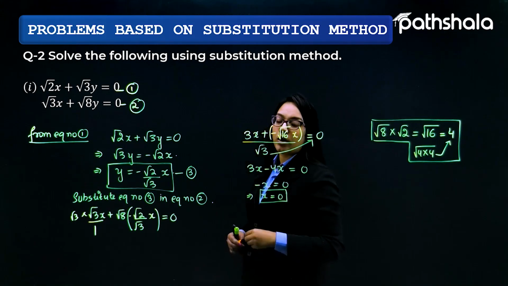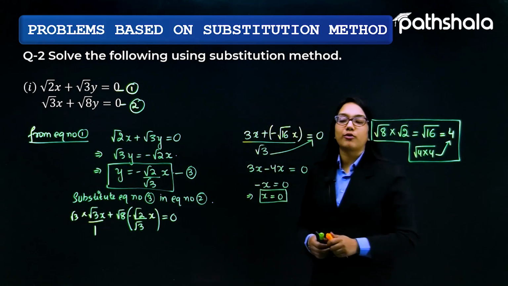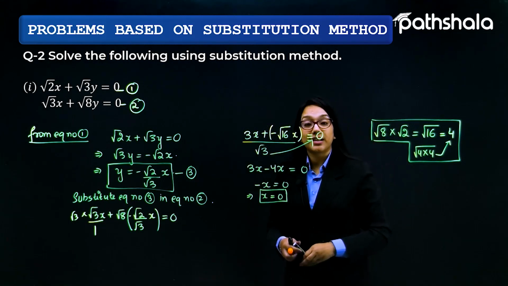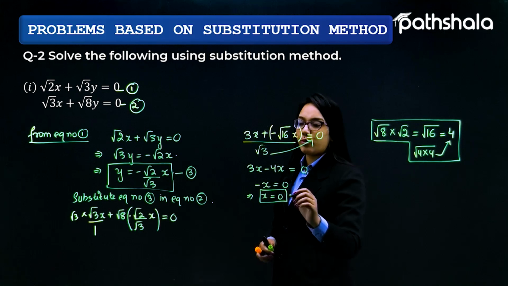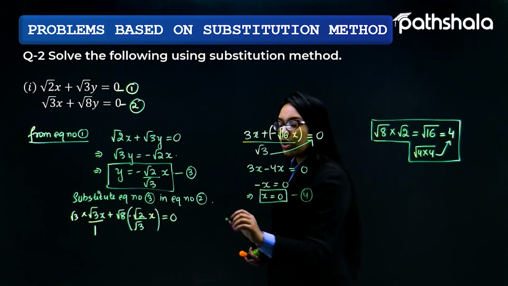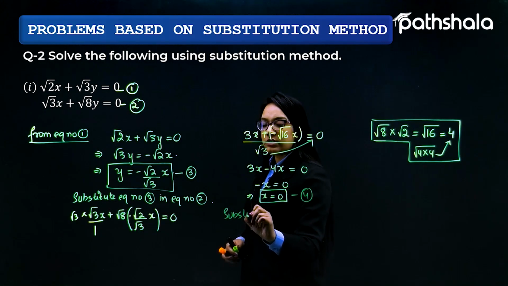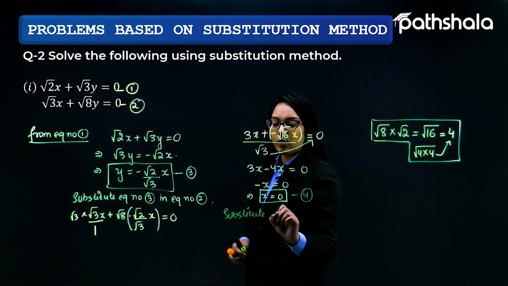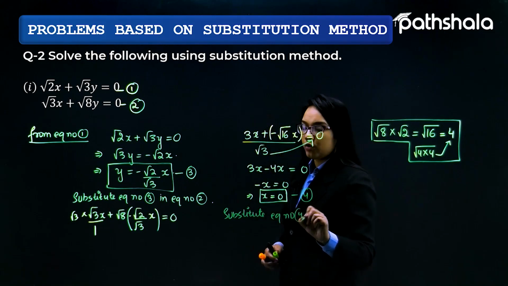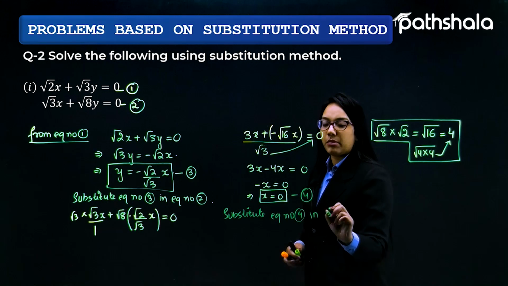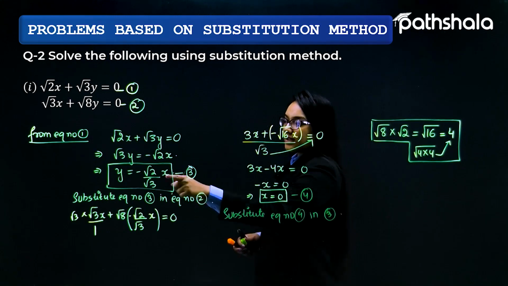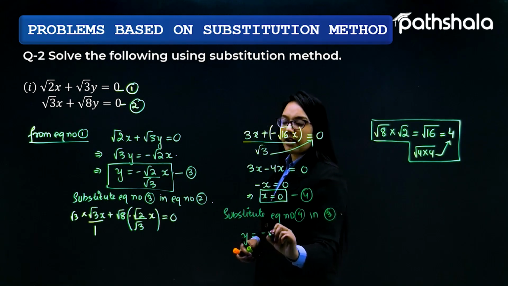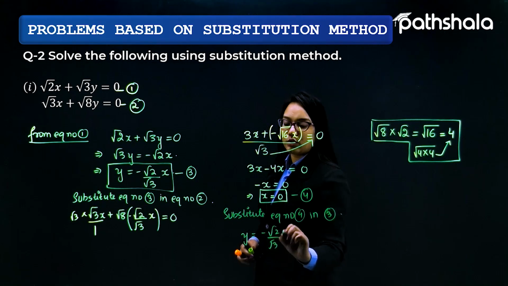At the end, the value that we are getting from this equation is that x is equal to 0. Let us call this equation number 4. So substitute equation number 4 in equation number 3. If I take x as 0 over here, y would be -√2/√3 into 0.